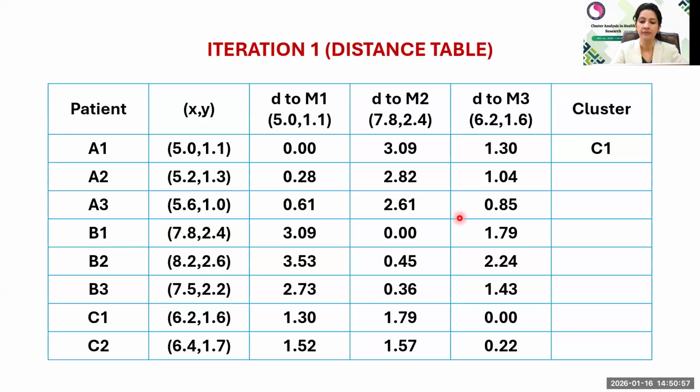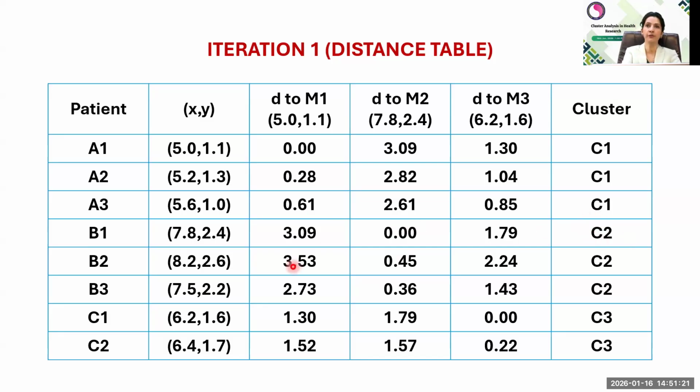Coming to A3, it will go in which cluster? Again C1. But if you see these, this is again minimal, 0, because we have taken this as a centroid. So this will go in C2.